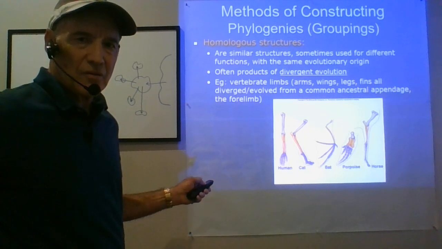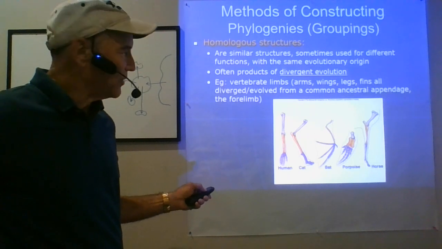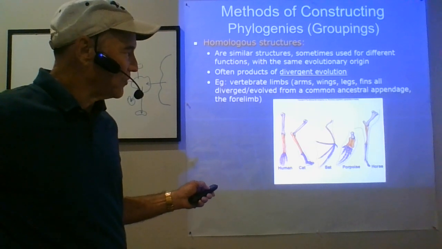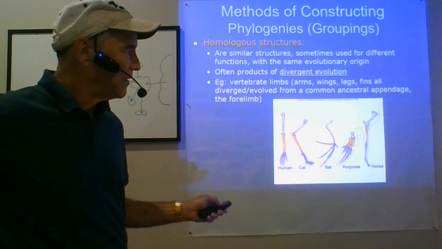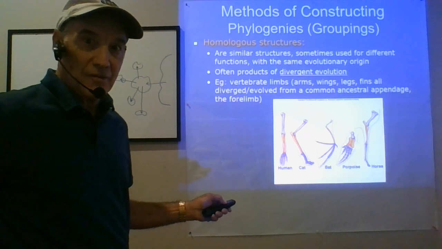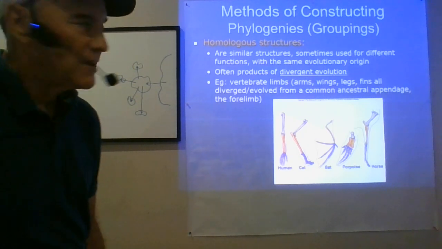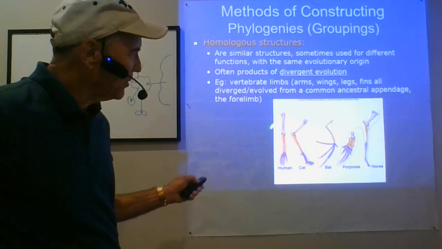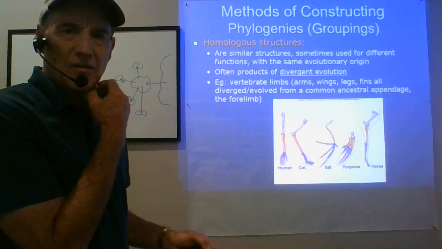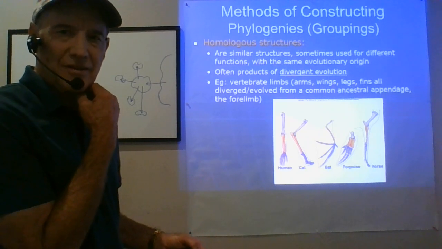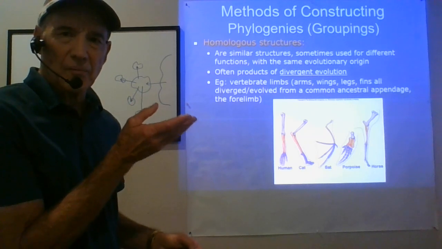In this group and this environment, it evolved into an arm, and in this group and environment, a forelimb, and in another, a wing, and in another, a fin. They're homologous to one another. They are features that came from a common ancestral appendage that have evolved differently and are now being used for differing purposes.